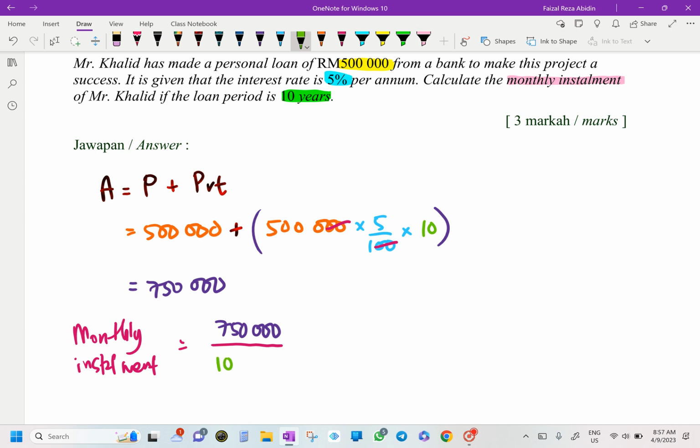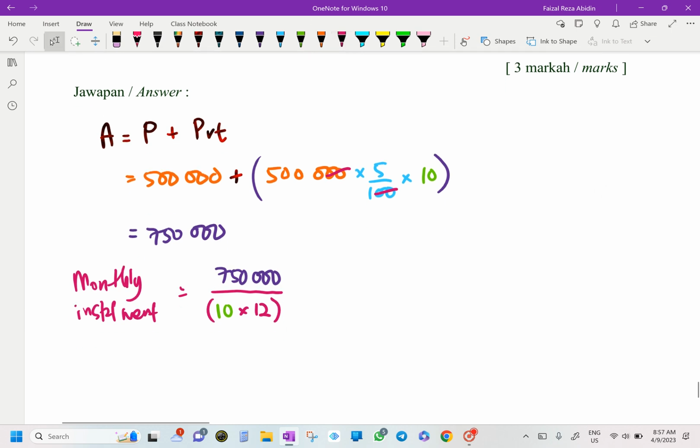But because I want to find for monthly, so you are going to times by 12. Isn't it? Not in 1 year. In a month. So 750,000 divided by 120. You are going to get how much? Yes, 6250. This is going to be your monthly installment.